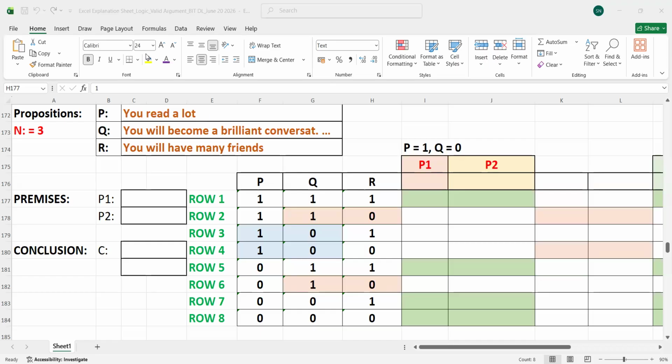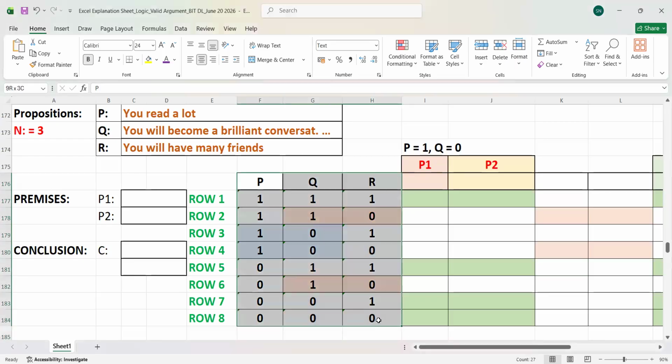Help yourself with those videos so that you can be able to understand how we draw the truth table. It's very basic in drawing them.